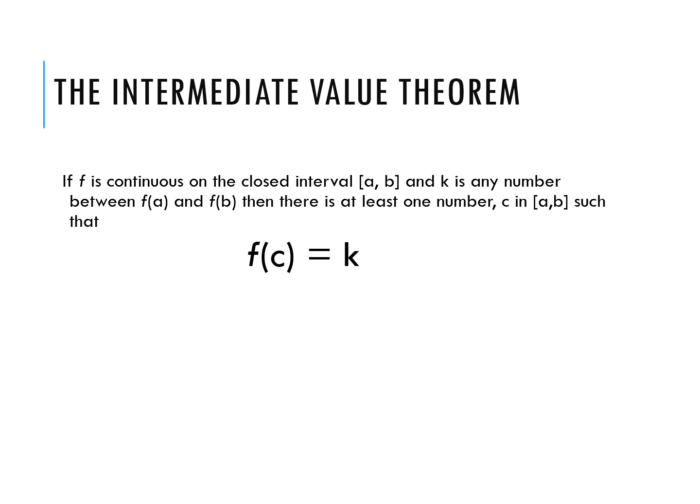And the only condition, well, there are 2 conditions that must be met in order for the intermediate value theorem to work. And the first one is that the function has to be continuous. So in order to use this theorem, you have to state that f is continuous.